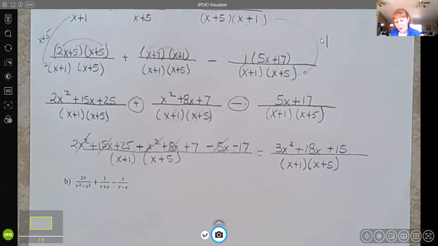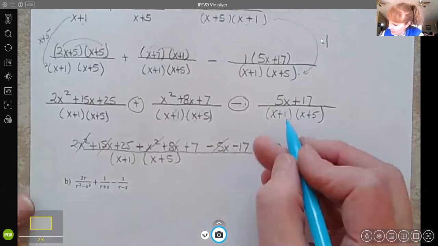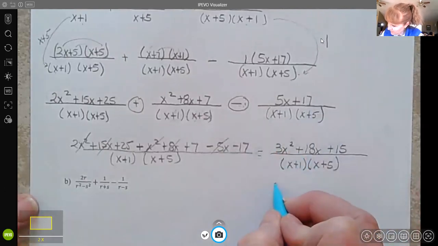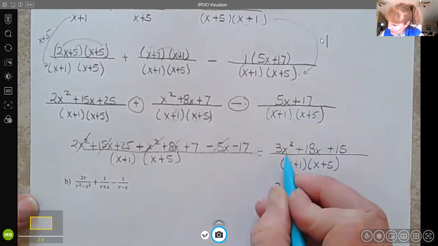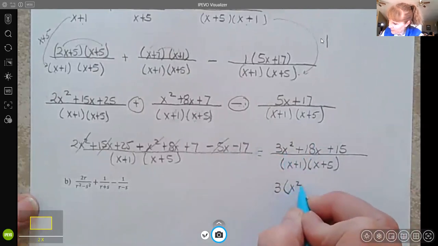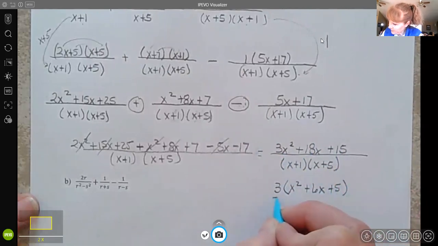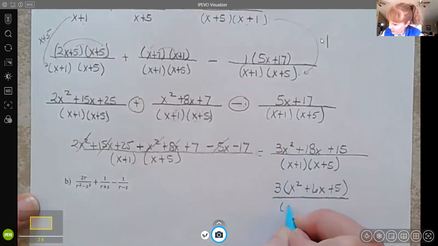When you factor, the first thing you always do is look for the greatest common factor. So let's do that. 3 goes into all of those. So that leaves me with x squared plus 6x plus 5, all over x plus 1 times x plus 5.